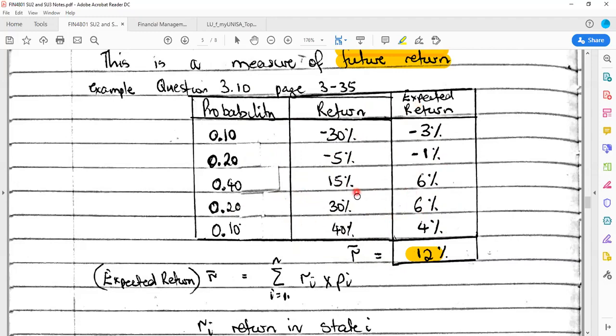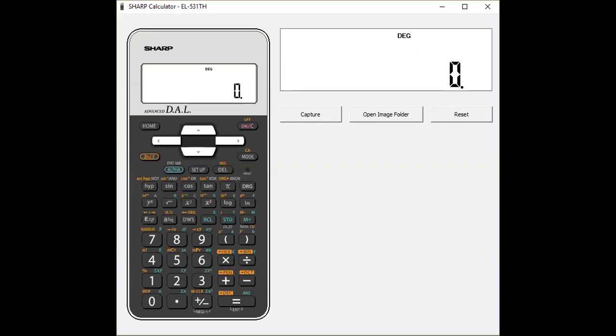To avoid making mistakes. Another option, of course, would have been to do it this way. I'll just show you based on what I put.